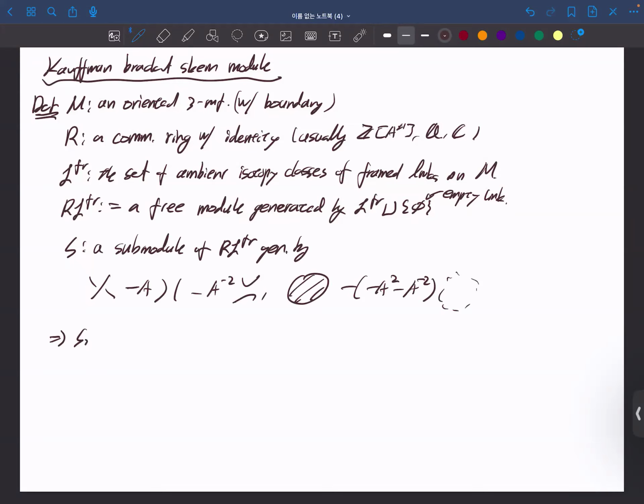Then R L_fr modulo S is called the Kauffman bracket skein module.